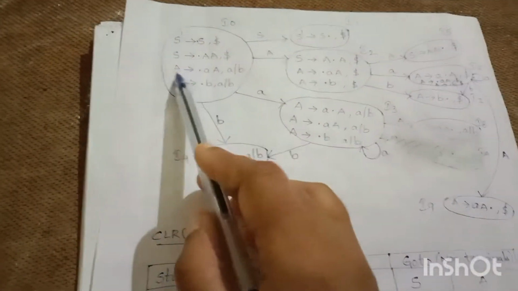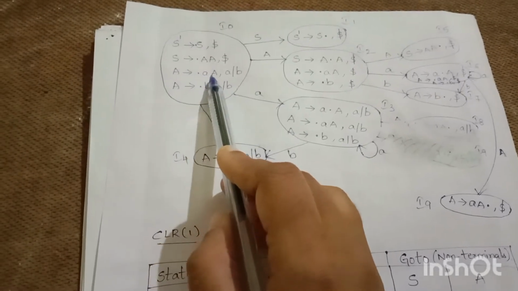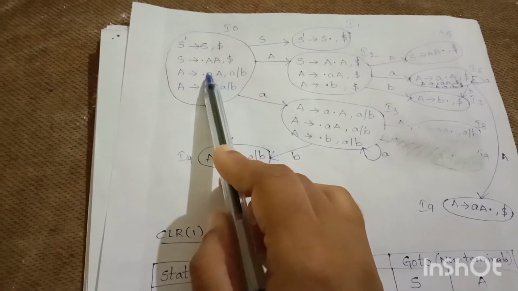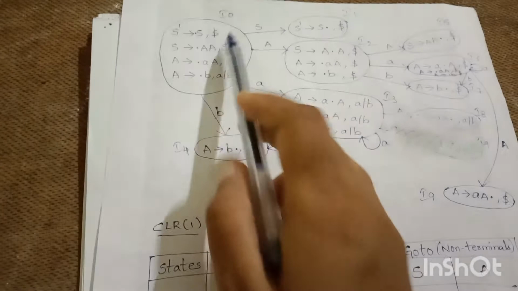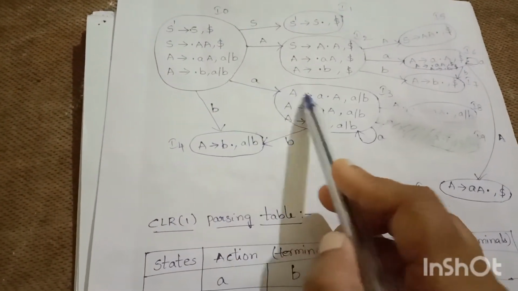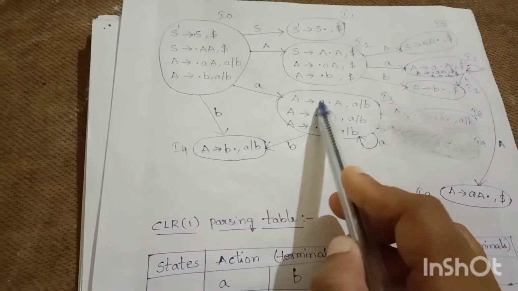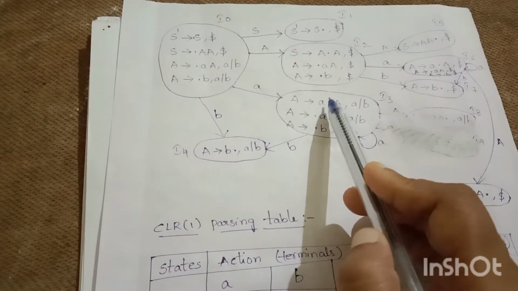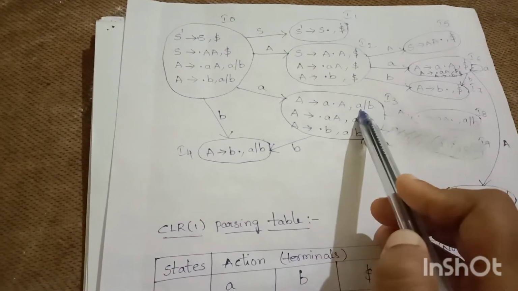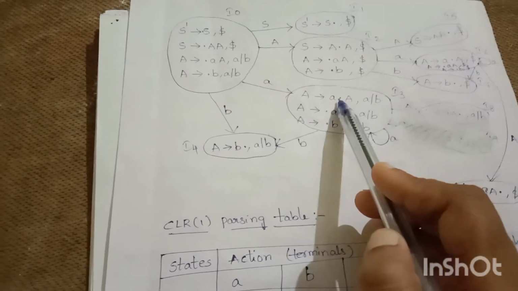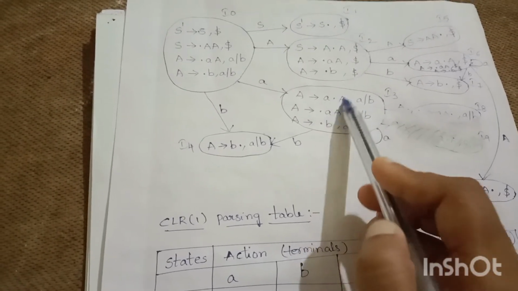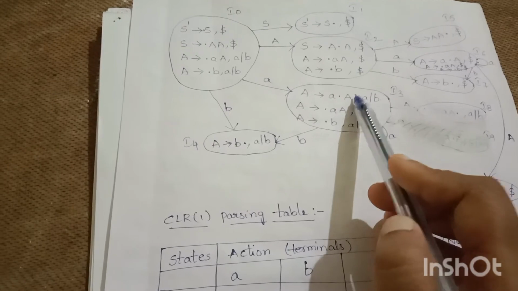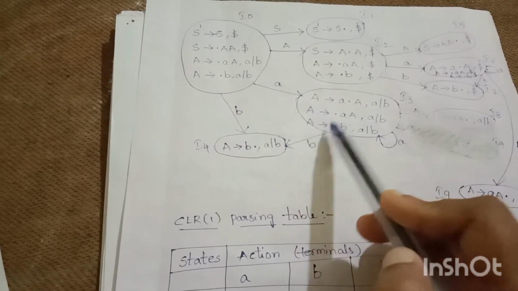And next, in the next grammar we are doing on state I naught on the symbol small a. So I naught on small a becomes A tends to a. So this dot is shifted here, so it becomes A tends to a dot A, comma, look ahead symbol a by b. So here also after dot we have a non-terminal. If we have a non-terminal, we need to write all the productions of that non-terminal.